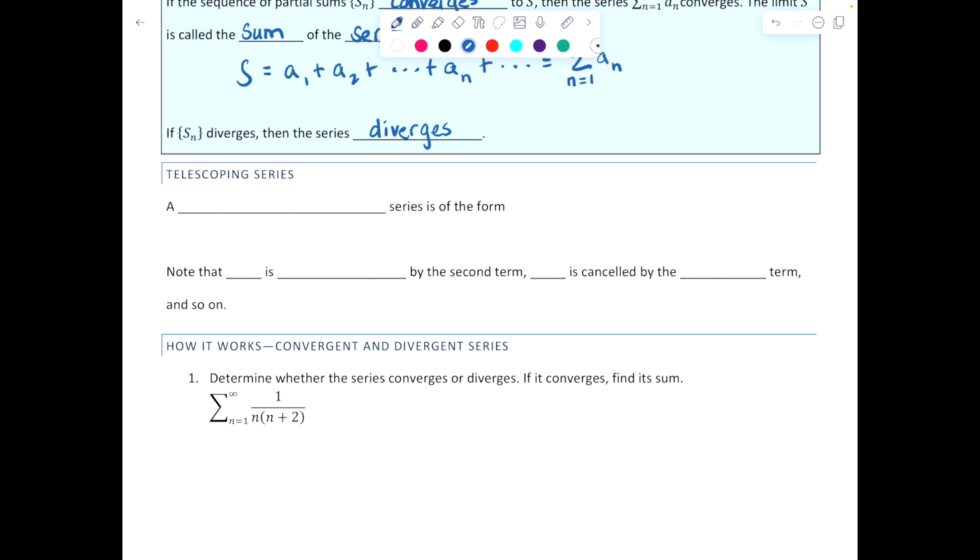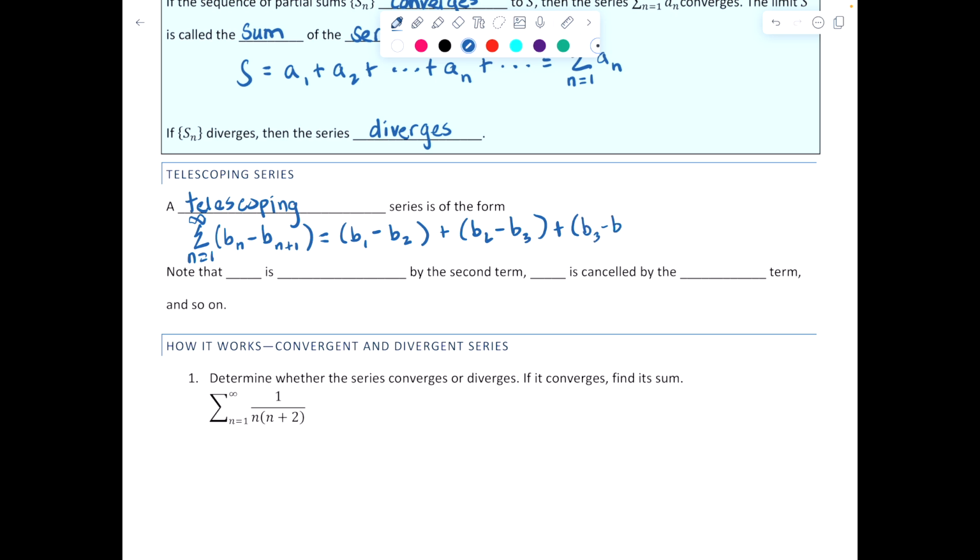So a telescoping series is of the form, the summation from n equals 1 to infinity of b sub n minus b sub n plus 1, which will be b1 minus b2 plus b2 minus b3 plus, do you see the trend?